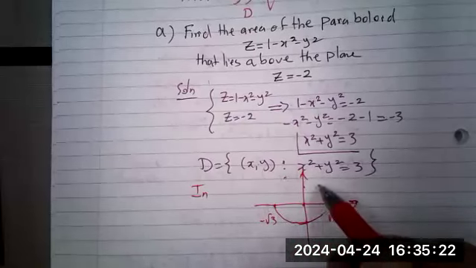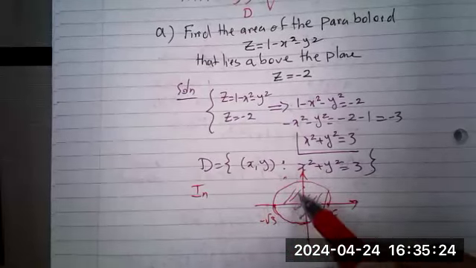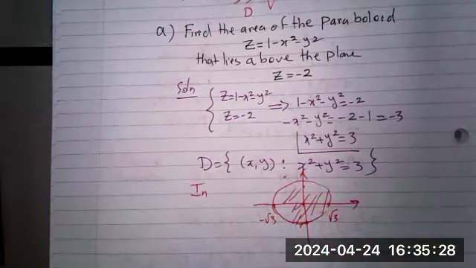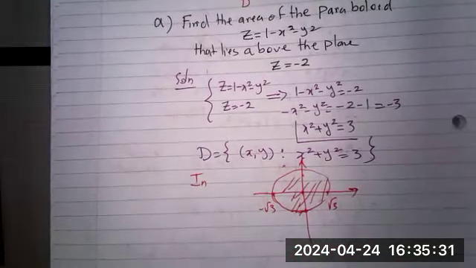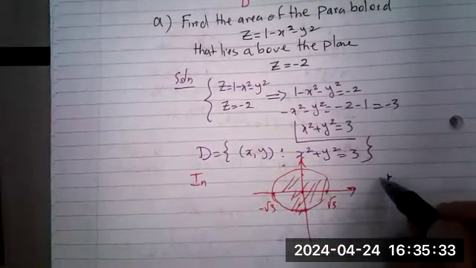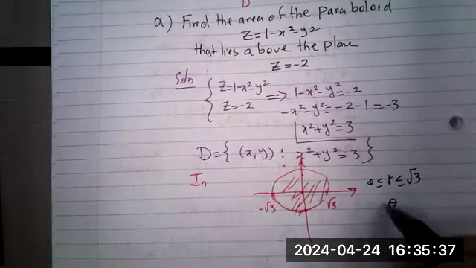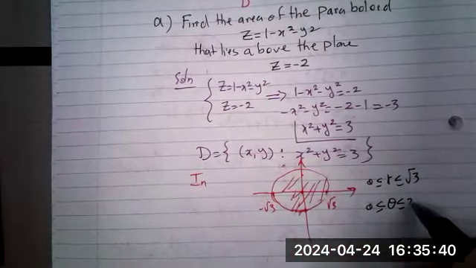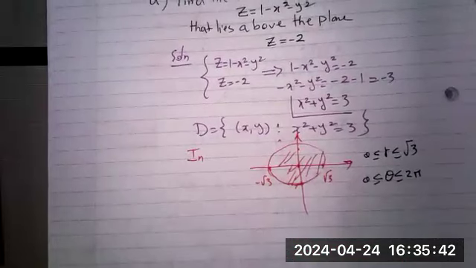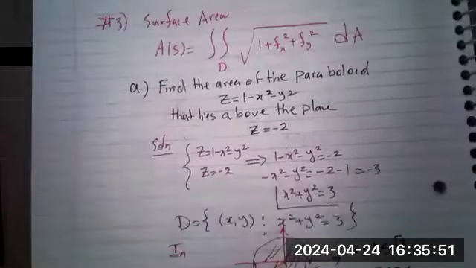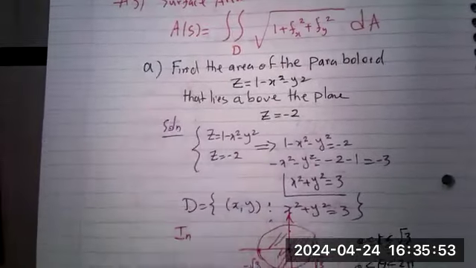So you can quickly find r: the radius is between 0 and radical 3, and theta is between 0 and 2 pi. That's the situation you're going to have. This is the fact that you have to know yourself, that you have to change it. Now go back, form the integral, and then change it to the polar form.